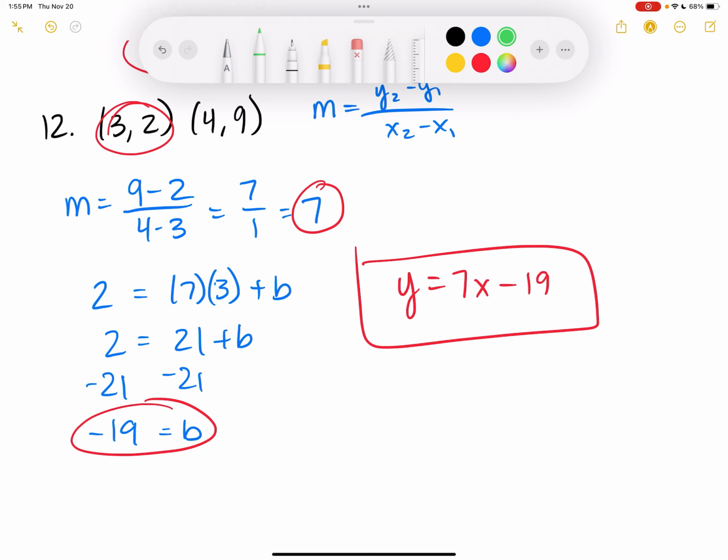So if I use the other one, I would have 9 is equal to 7 times 4 plus b. So this is 28 plus b over here. Subtract 28. That's equal to -19. So you get the same thing either way.